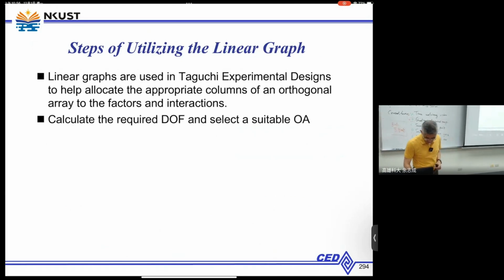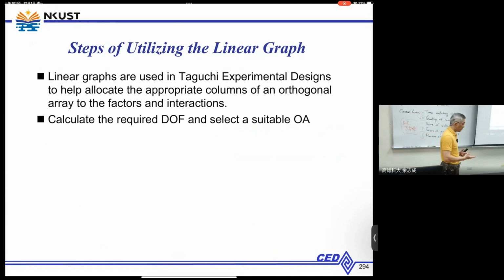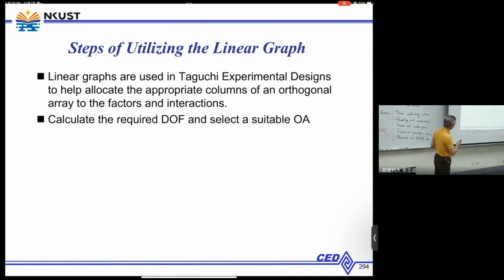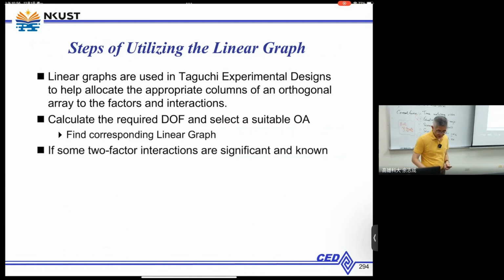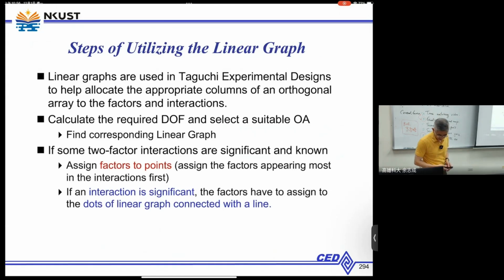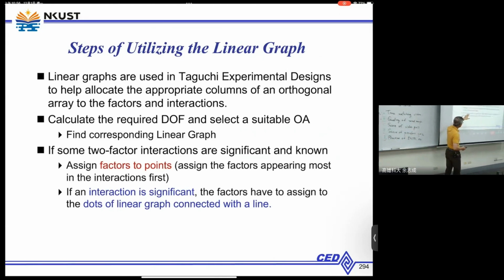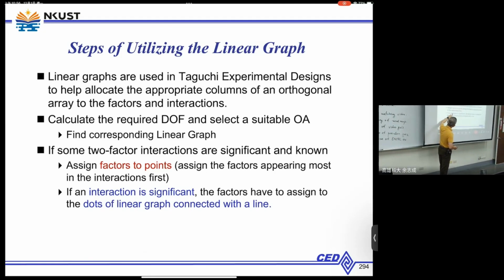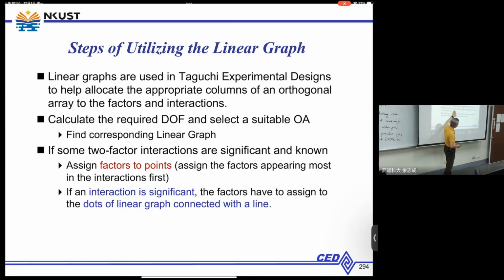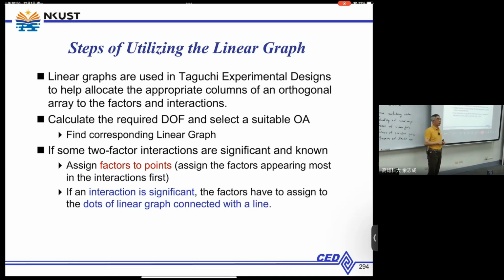First, you need to make sure that the experiment is big enough. So you need to calculate the required degrees of freedom and select a suitable orthogonal array. I will talk about what a degree of freedom is. And if you find the suitable orthogonal array, then you can choose one of the linear graphs. Here, you assign factors to the points, and the interaction needs to happen on the line between 2 factors.